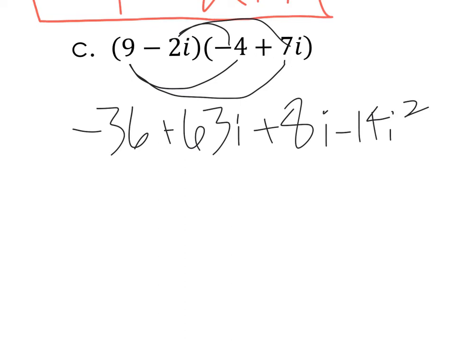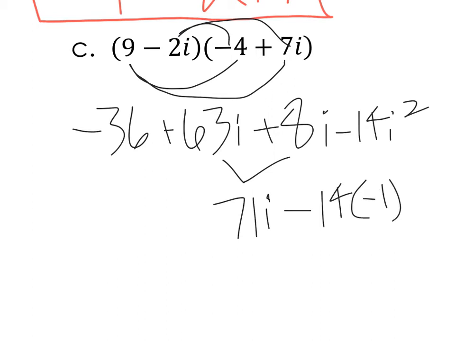So we will combine like terms. This makes 71i. And then the -14i squared can be written as times -1. And I'll just bring down this -36. So what's -14 times -1? That's positive 14. So bring down everything else.